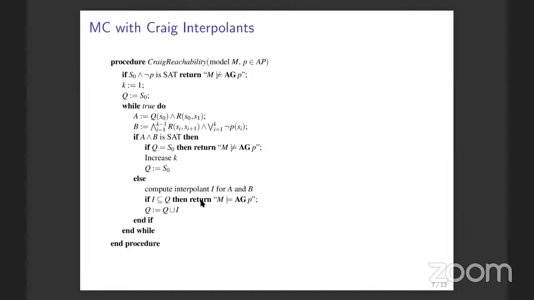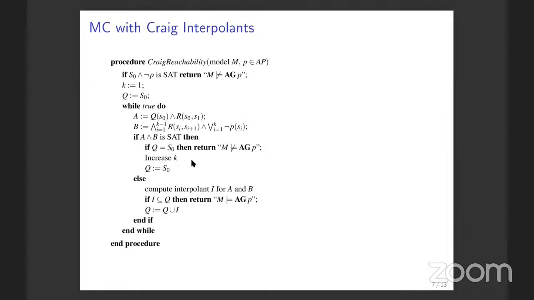You have to go back to see if the failure is due to the existence of a true counterexample, so you increase K, start afresh from the initial state S0, and build a longer BMC formula.